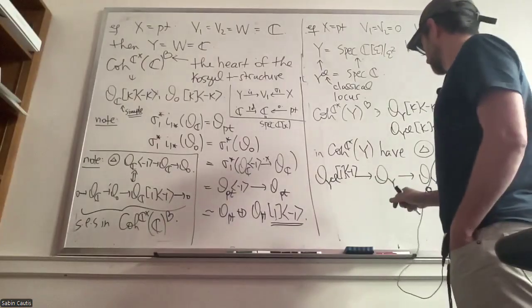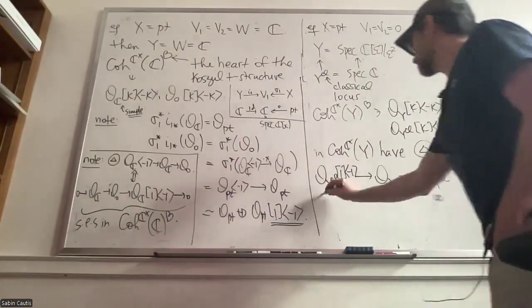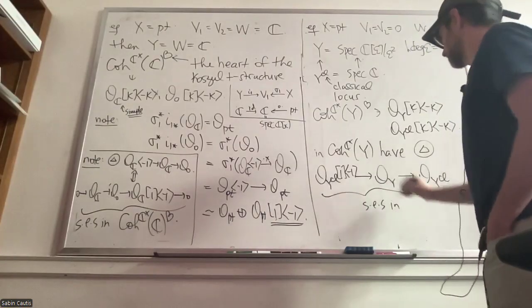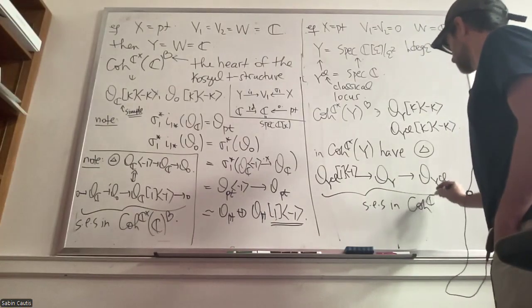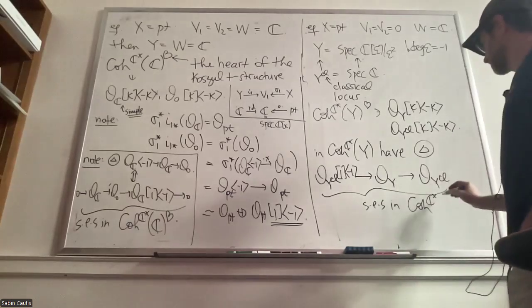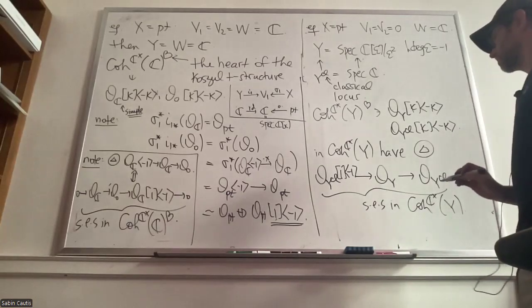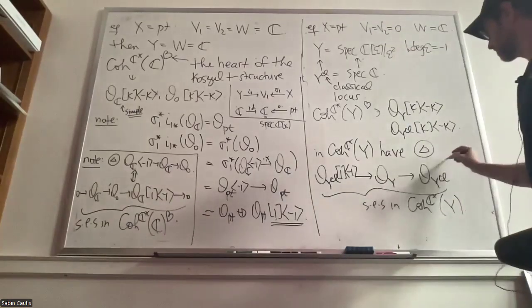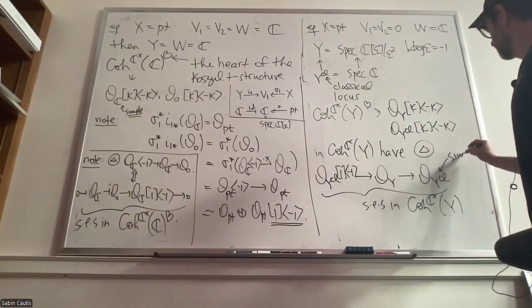So you get this, and this is also a short exact sequence in the heart. You don't have to move it over or anything. It's just a short exact sequence in the heart. And in this case, this guy is no longer simple, and this guy is simple.